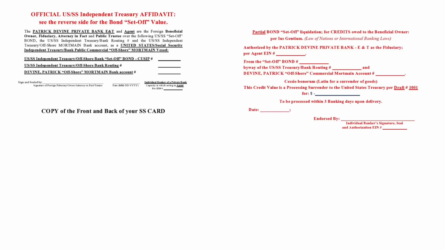You demand the bonds that they want, and then you order the settlement of the bonds that they've written. You're the trustee over all public corporations as the individual banker.